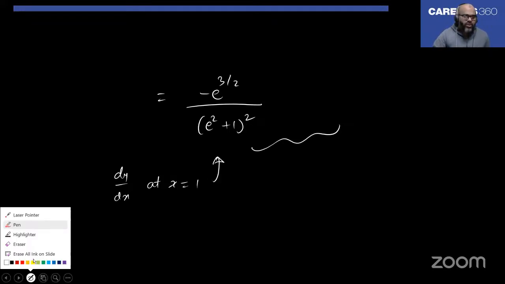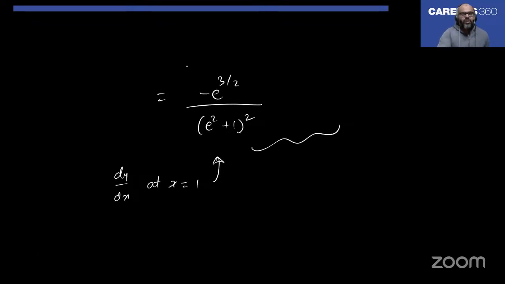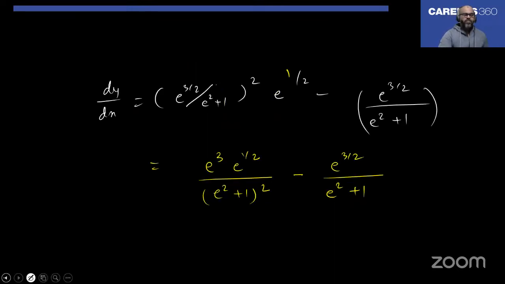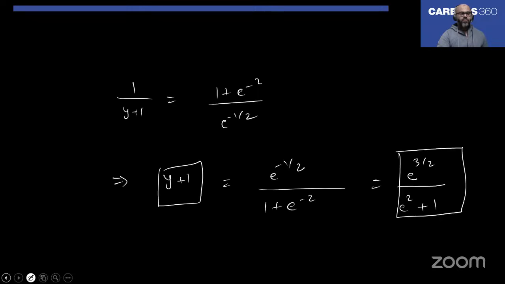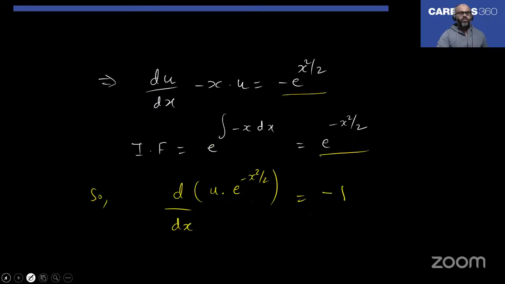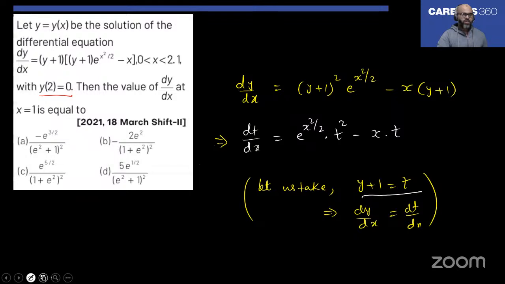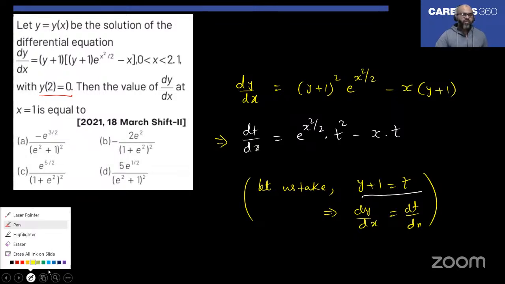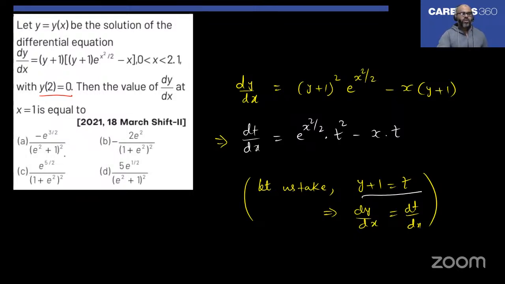So let us see, is this our answer? Any option is matching with this? Minus e to the power 3 by 2, e square plus 1 whole square. Yeah, so we have this option A, which is our answer.